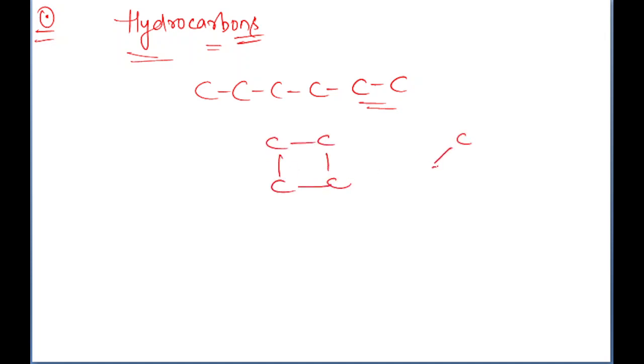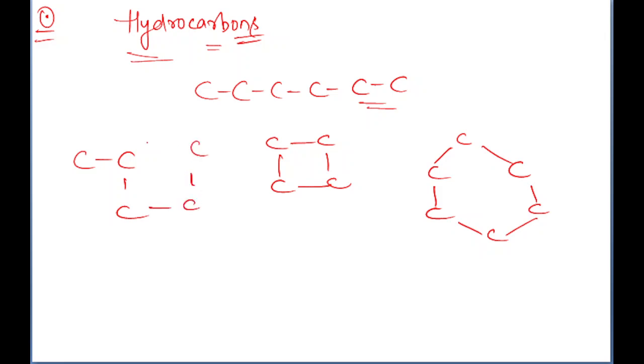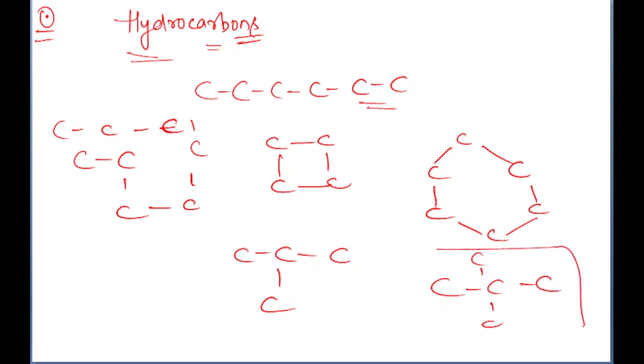You will see the compounds of carbon like this also. There will be branching in the chain. So a lot of organic compounds are possible. Please, students, complete it by H.